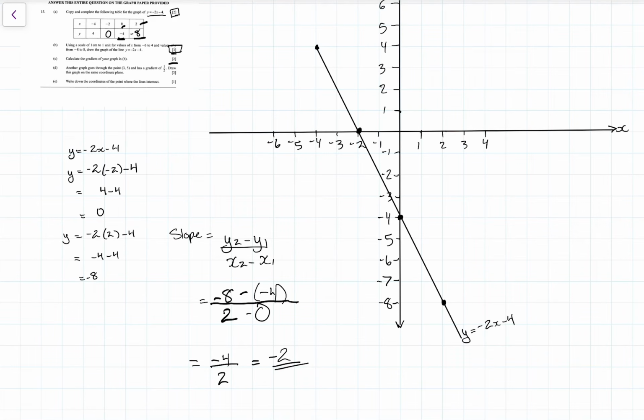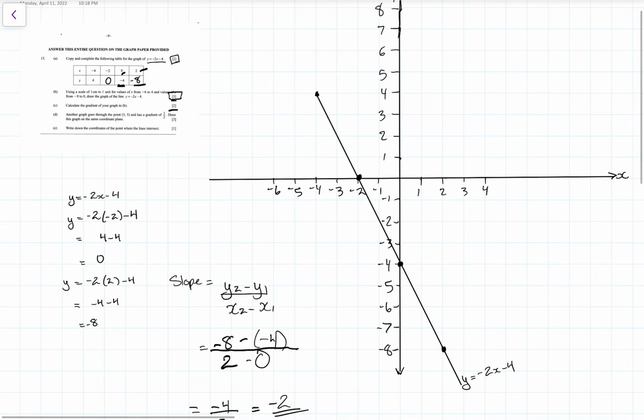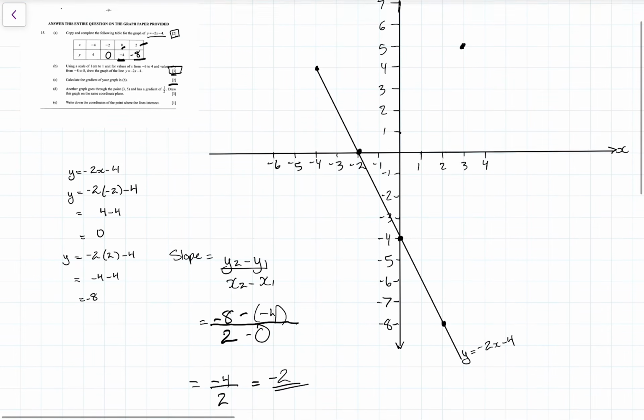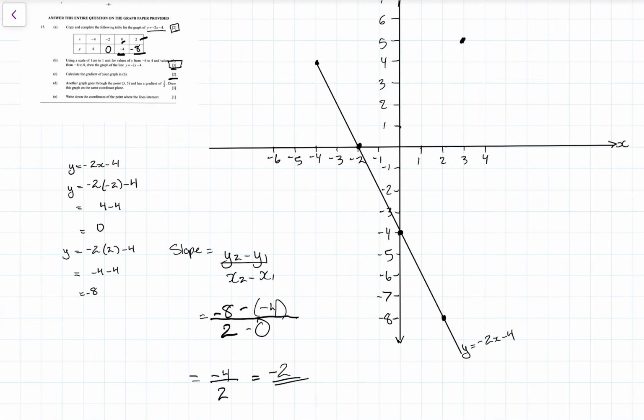Okay, so now it says for D, another graph goes through the point 3, 5 and has a gradient of 1/2. Draw this graph on the same coordinate plane. So let's plot the point 3, 5, which is right here. And it says that it has a gradient of 1/2, and gradient is rise over run.